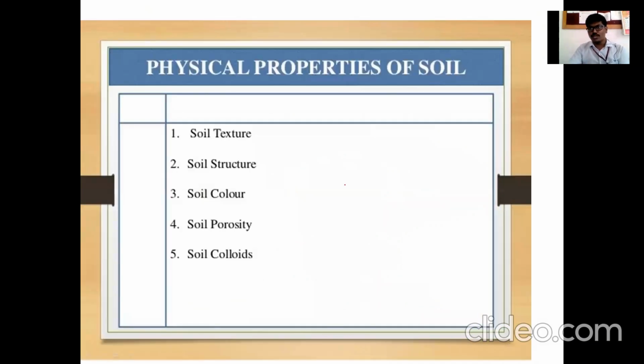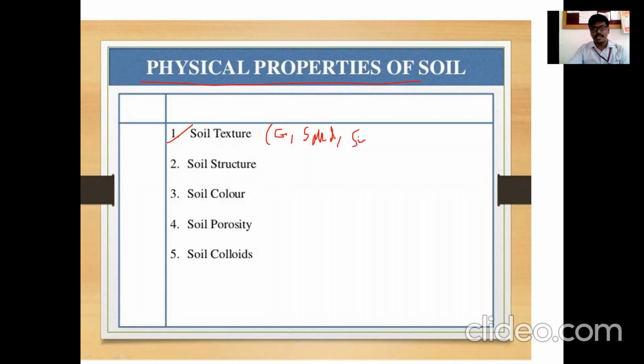So before moving to the course, I just want to recap all the basic things, like physical properties of soil. What are the physical properties you may have come across till now in your soil mechanics? Like soil texture, which is the composition of soil particles like gravel, sand, silt and clay.